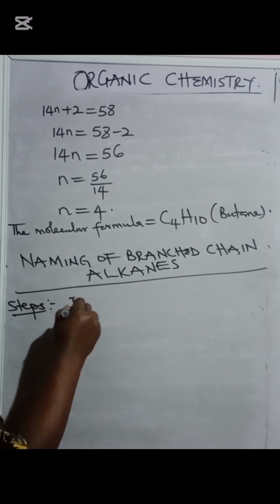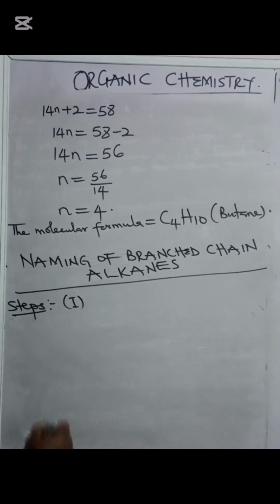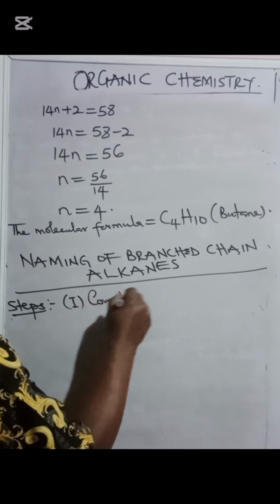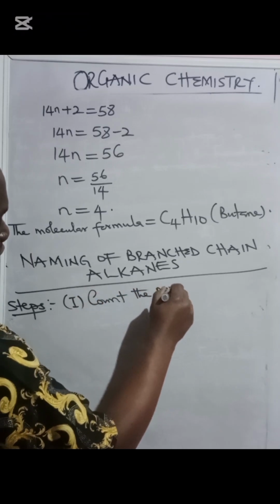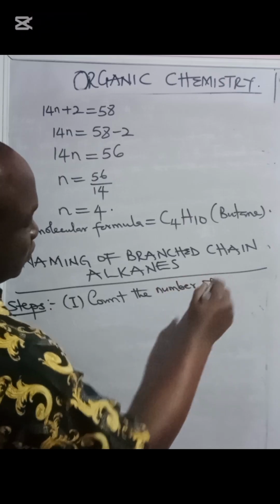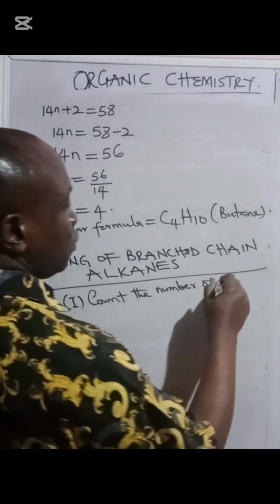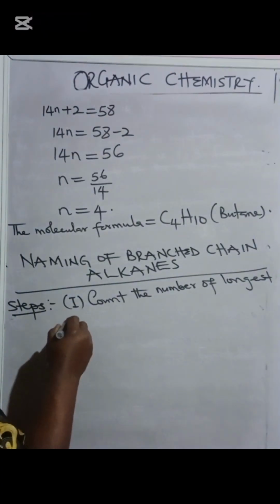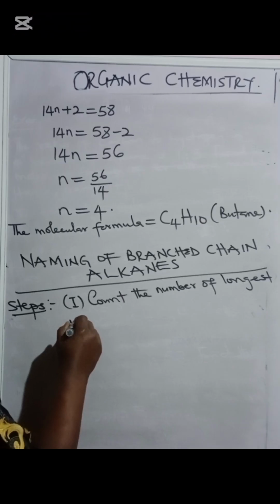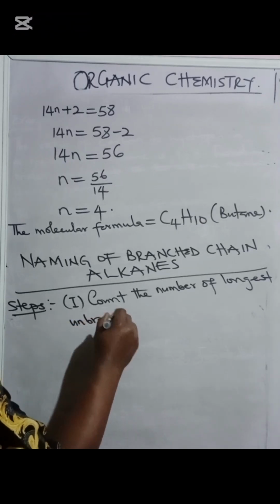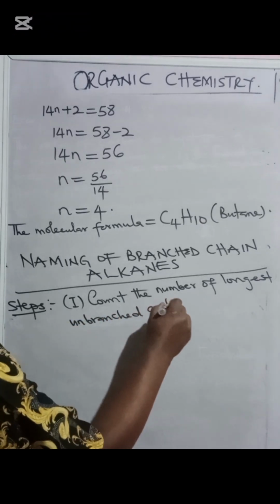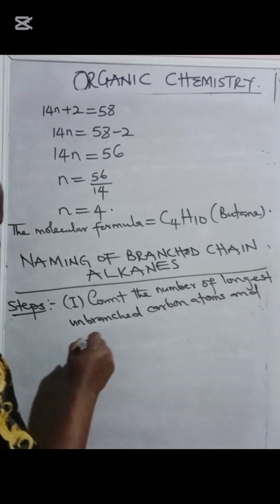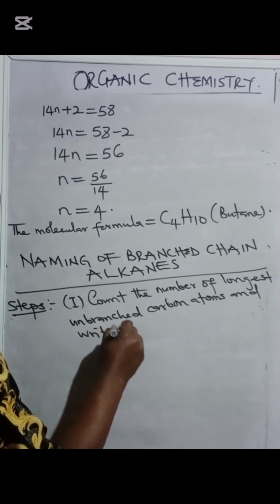Step 1: identify the number of the longest unbranched carbon atoms, and write it as the parent chain.